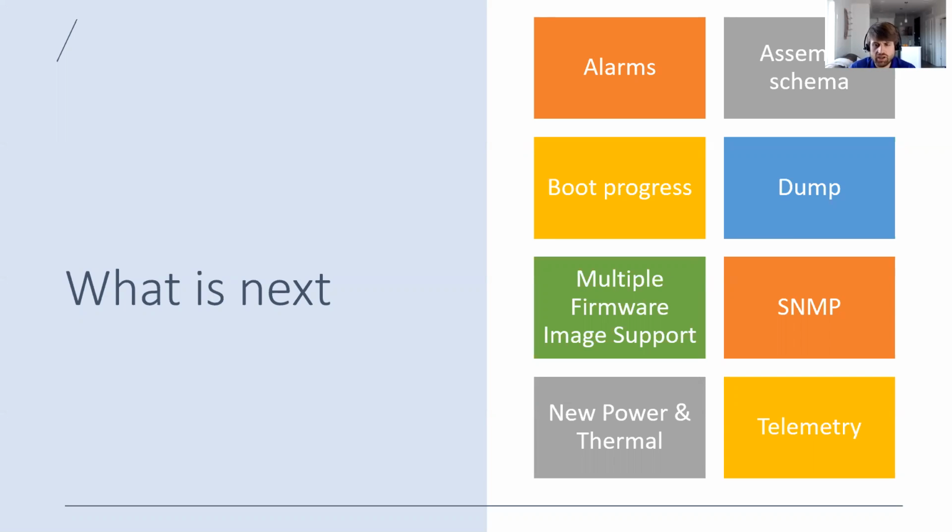Redfish is targeting new power and thermal schemas and this new alarm concept for 2020.4. SNMP alert support. Redfish already has that. Phosphor SNMP is the OpenBMC repo, so it's just mapping that to Redfish. And then there's more work coming around telemetry.